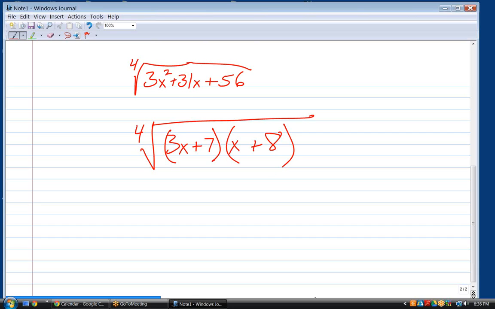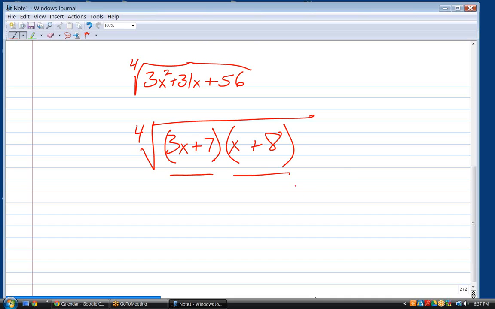What's true about the domain? How are we going to figure out the domain? You're going to find the roots of this and then do a sign chart. In order for this to be doable, because it's an even root, this times that has to be positive.